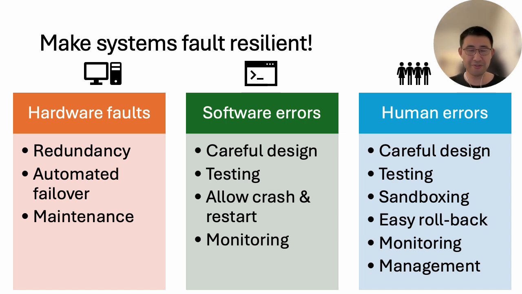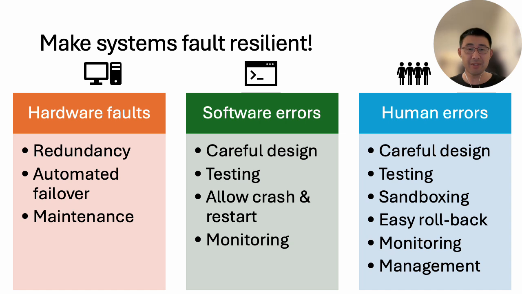For software errors, first of all, we can carefully think through and design the system, making sure the assumptions we're making when designing the system are really true, and how do they interact? Can we minimize unnecessary coupling for the complexity? Of course, we can thoroughly test the software to minimize software errors, and sometimes we may actually allow a crash and have the system restart.